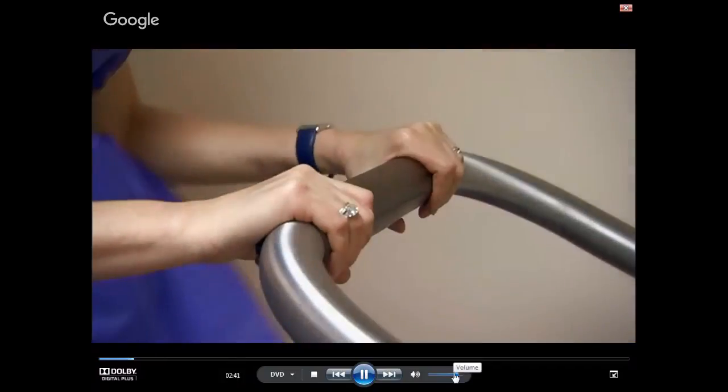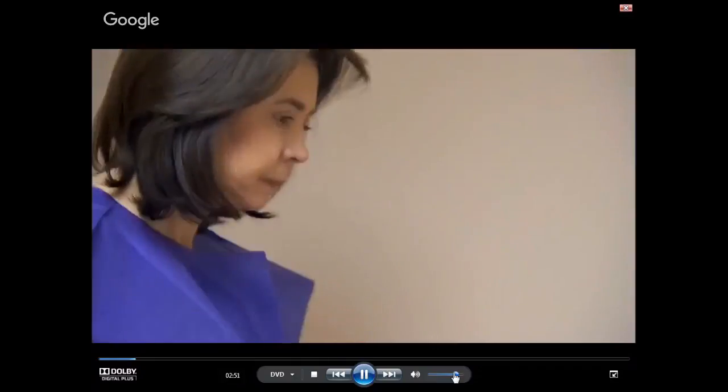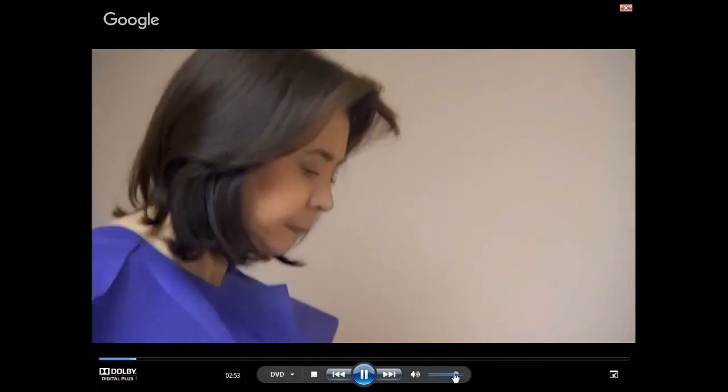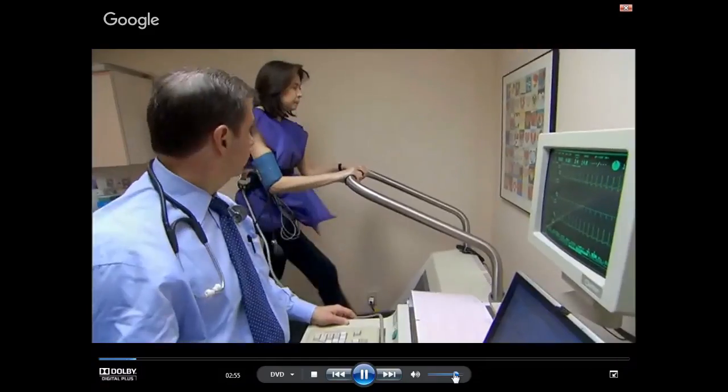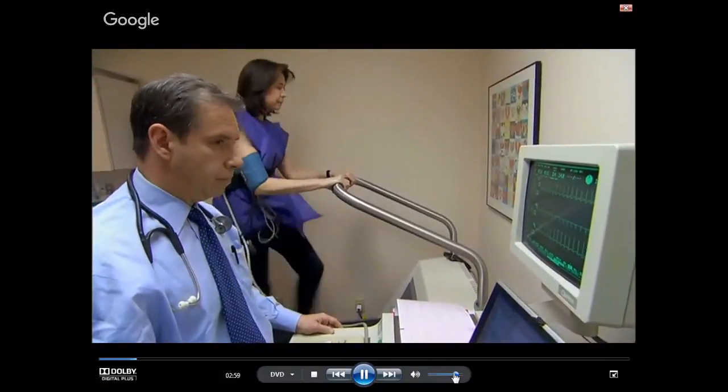Our lives depend on the health of our coronary arteries. Yet 16 million Americans suffer from coronary artery disease. Georgia Chan Downard is about to discover that she is one of them. She never suspected that, like so many others, she was at risk. But her doctor did. My doctor thought it was about time I had a stress test.